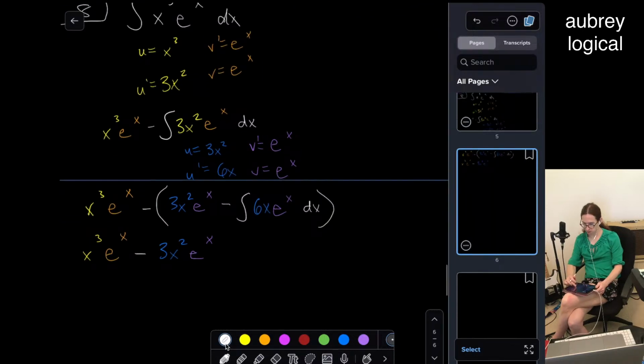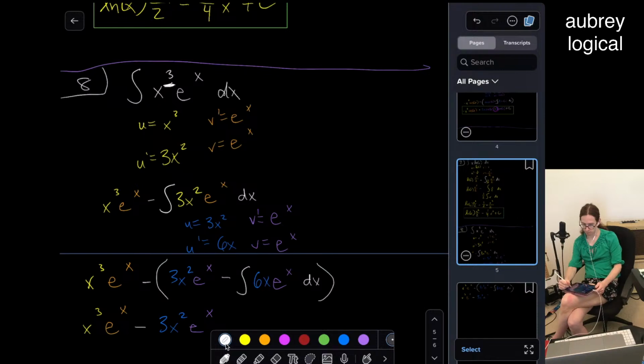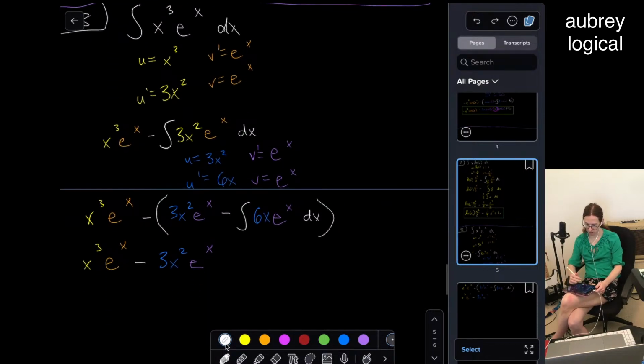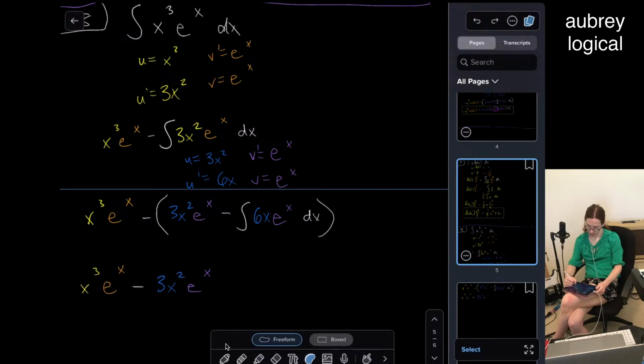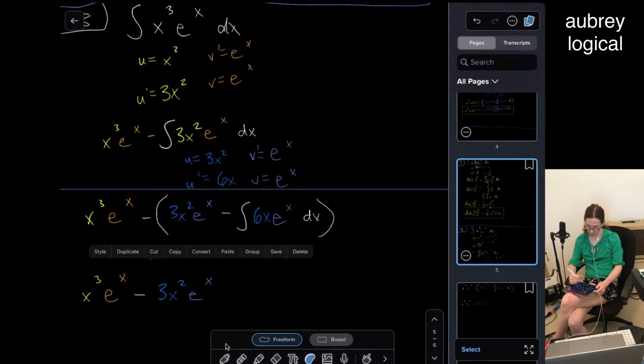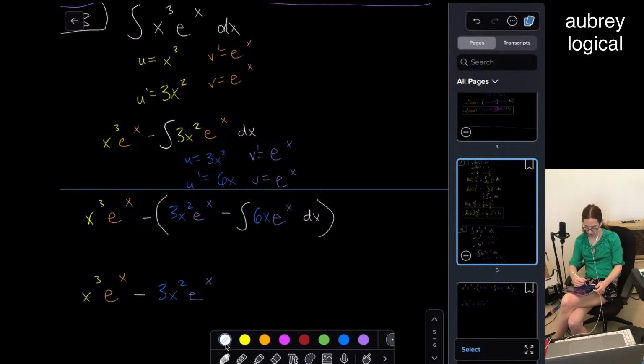Alright, so I just noticed that our exponent is 3 for our x, so that means we're probably going to have to do integration by parts again, which means I'm going to bring this down here a little bit and find myself a couple different colors.